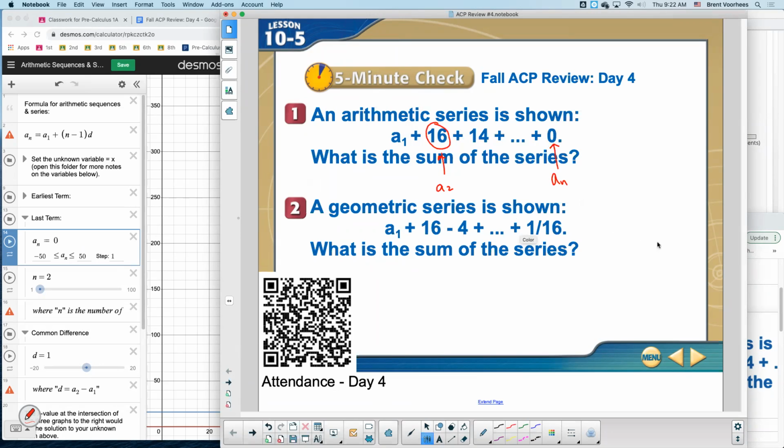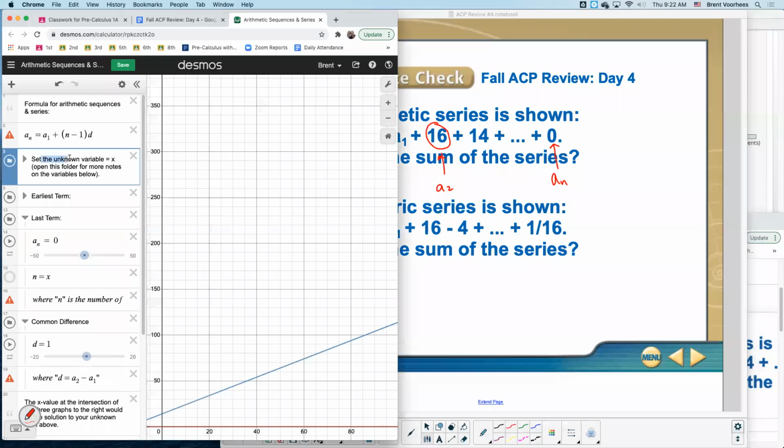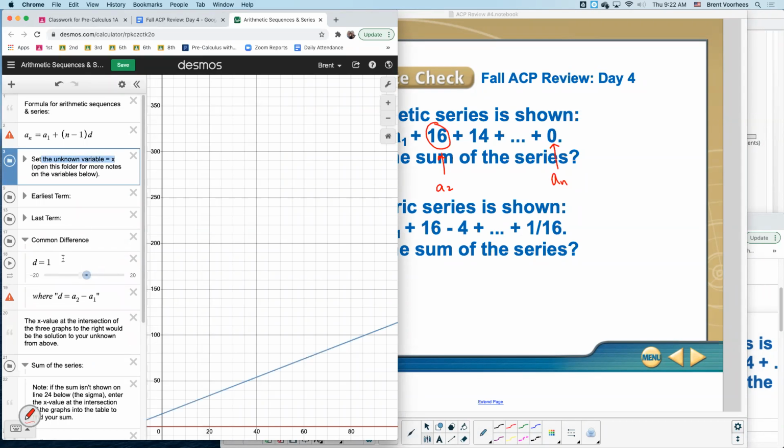I'm seeing from Pam in the chat that she's saying no, and she's correct. That's not the 4th term. Those dots mean there's a bunch of stuff just missing. We don't know how many. So our unknown is the N, and so that's what I'm going to put as an X. So right up here, this note says set the unknown to X, and so that's where I'm going to put it as an X. Now I'm finally to the common difference.